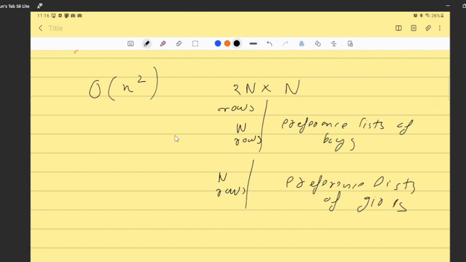So we have n rows of preference lists of boys and n rows of preference lists of girls, and there are n boys and n girls.